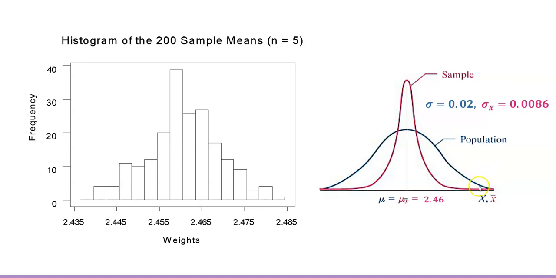It means that the weights of the coins within the population have more variability, more extreme values, than when we look at the sample means. So we're not going to find that much variability. That's why the spread is smaller. And we can confirm that by looking at the numbers. Population standard deviation is more than the standard deviation in the sampling distribution.